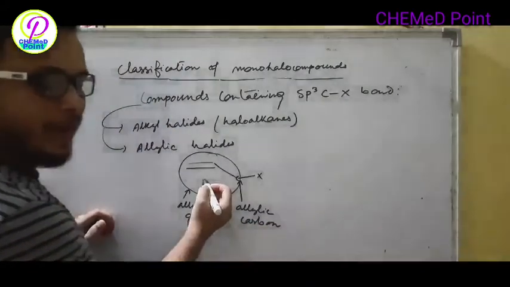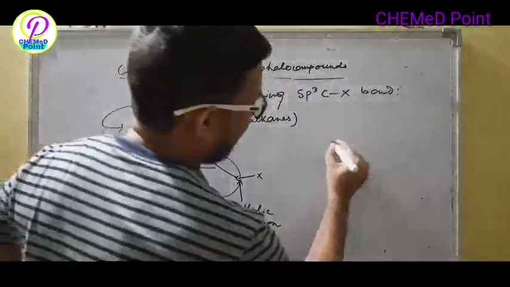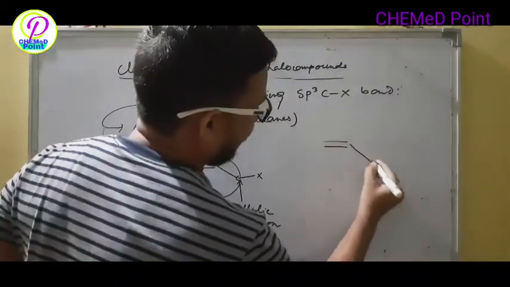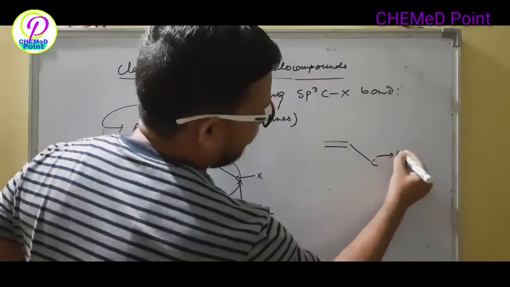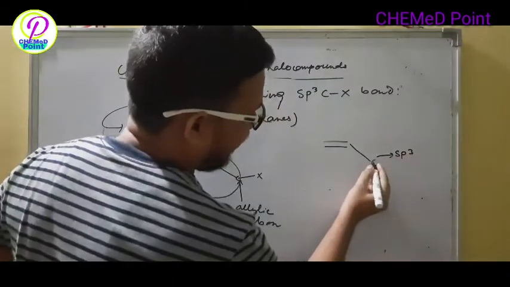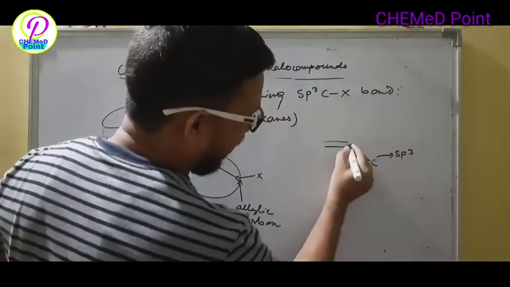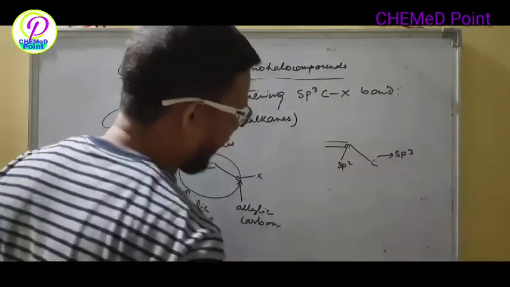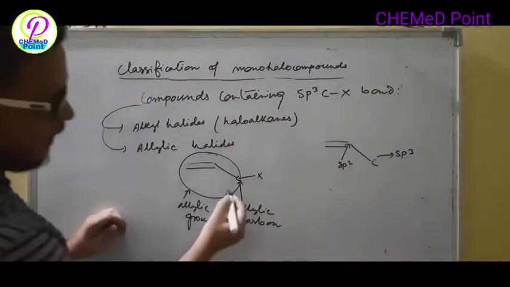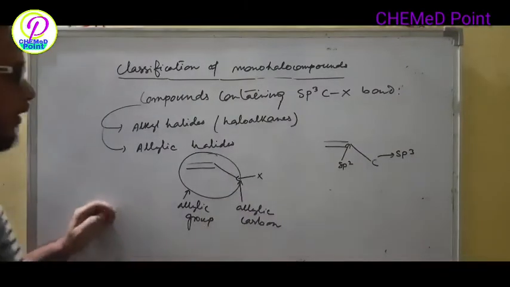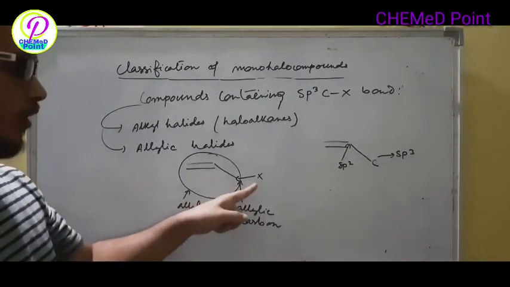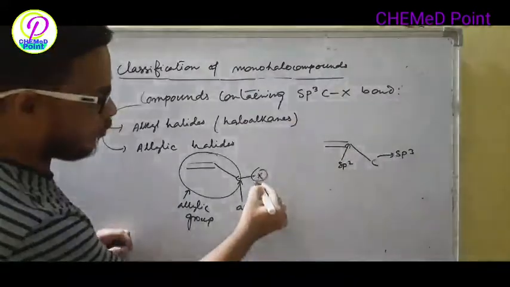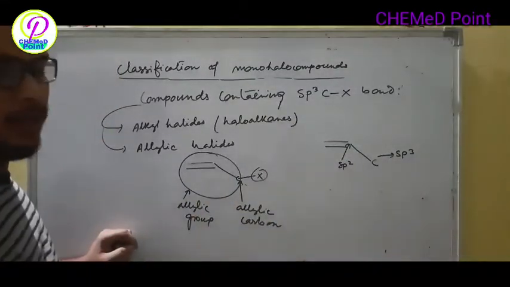We know that in an allylic group, one carbon is sp3 hybridized and the next adjacent carbon must be sp2 hybridized. This group is called allylic group and the carbon is called allylic carbon. Now allyl halides are those in which the halogen atom is attached to the carbon of the allylic group.